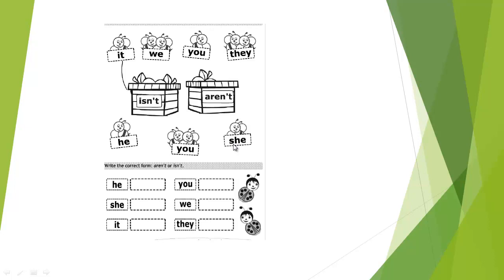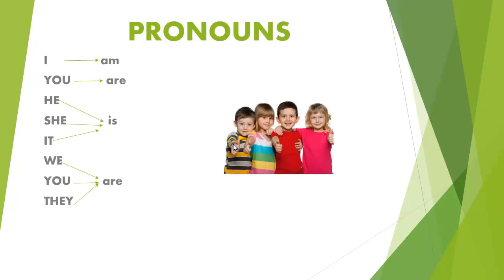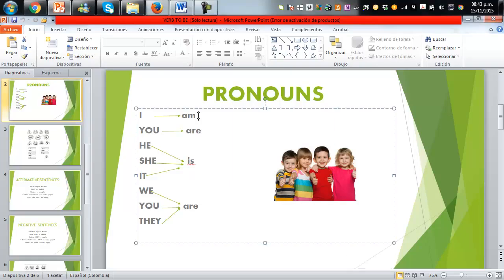What is the first thing you have to do? You have to go back to the first slide of this PowerPoint presentation and keep in mind pronouns and verb. And you have to do the same but with the negative. So in the first one we will have I am, and then the negative will be I am not.